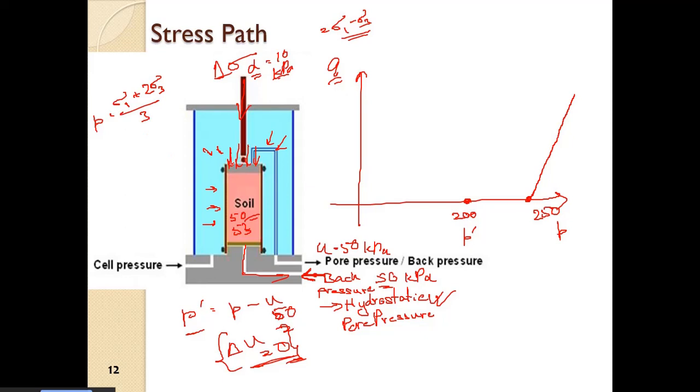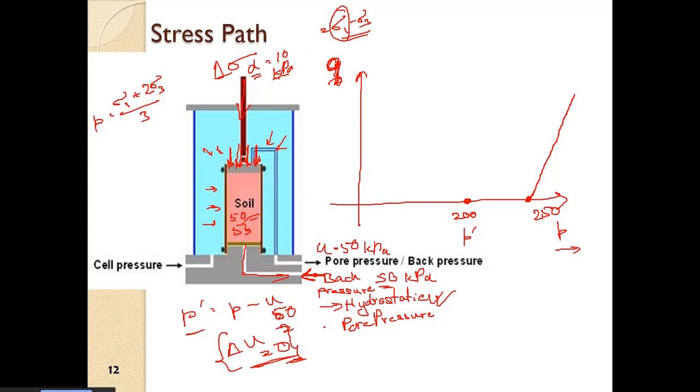So with an increase in sigma 1, P will also increase, and Q will also increase.